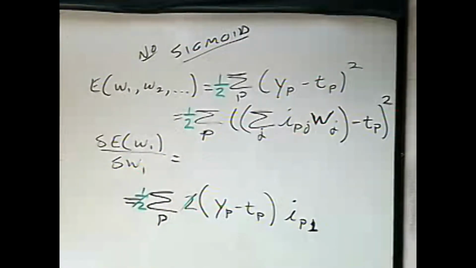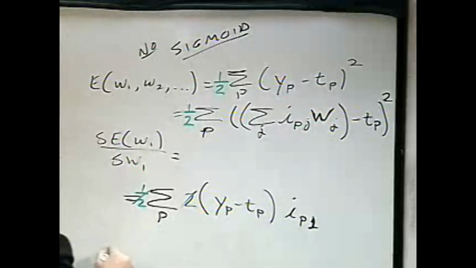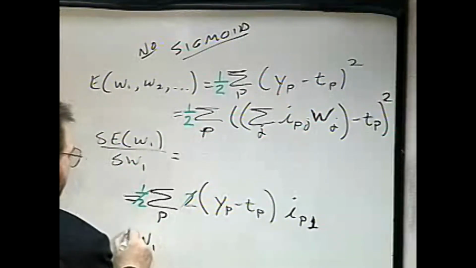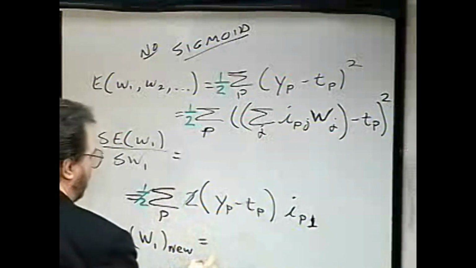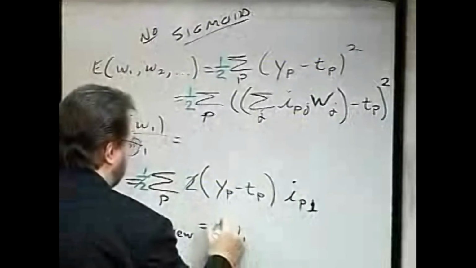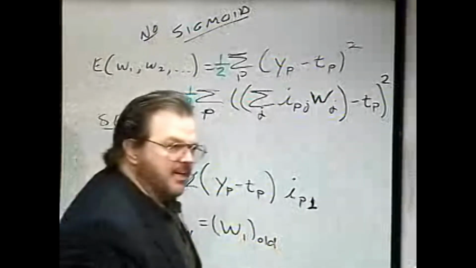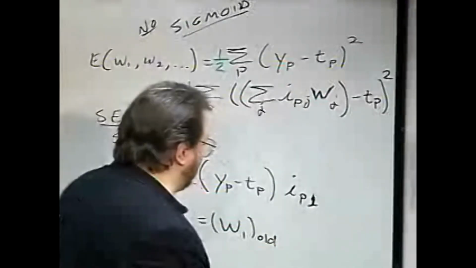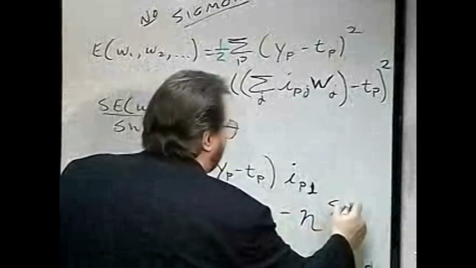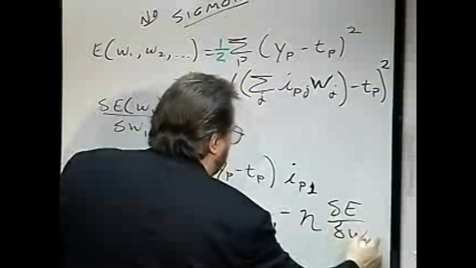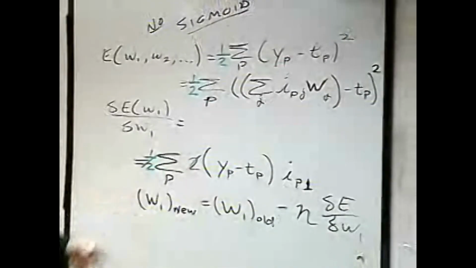Well, here is the beautiful thing about the Widrow-Hoff algorithm, because this is steepest descent. What do we want to do? We want to take our new weight and make it in terms of the old weight minus a small step downhill, which is minus eta times the partial of E with respect to W1. That's a small step downhill, which is what the Widrow-Hoff algorithm does.